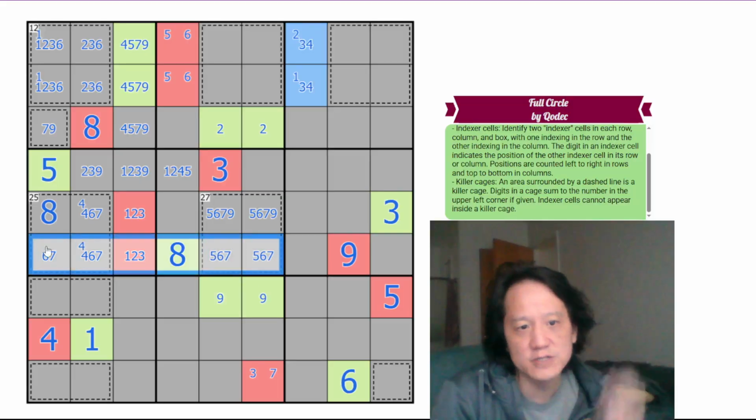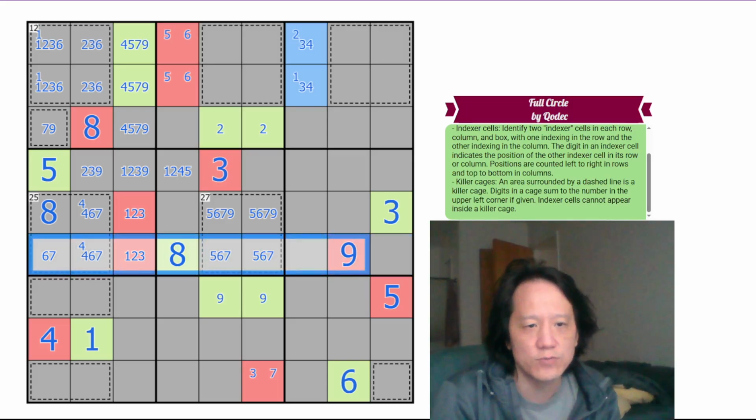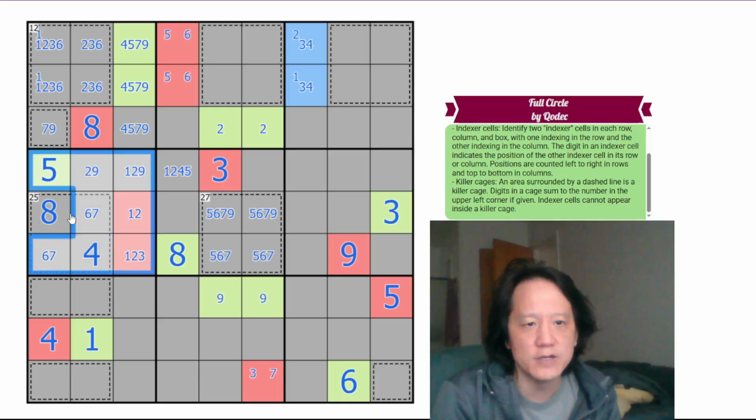We have a 5, 6, 7 triplet in row 6, which eliminates 5, 6, and 7 in the rest of the row. This can't be 6 or 7, it's 4. That eliminates 4 here. This can't be 3, this can't be 3. So where is the 3 in box 4? It has to be here, so this cannot be the red.